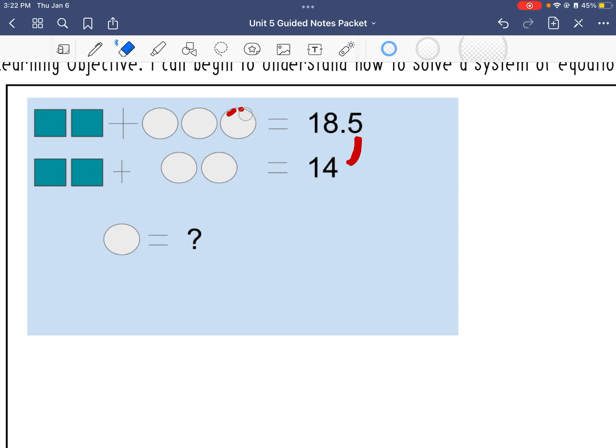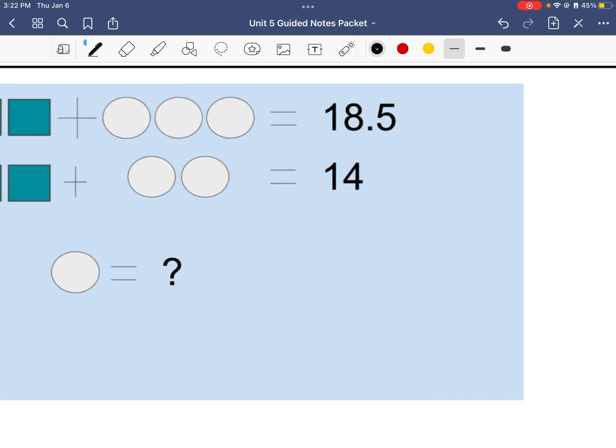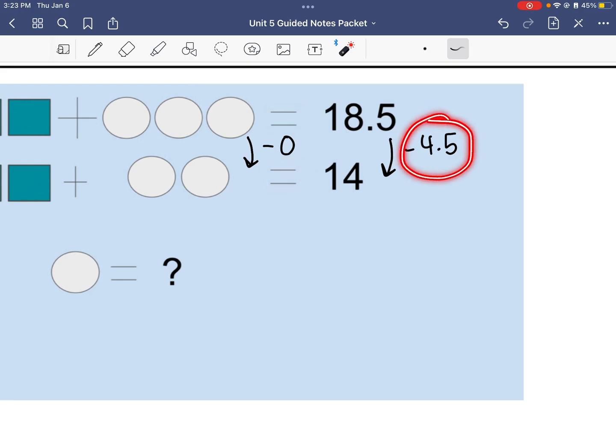One way I like to show you guys to think about this, or to write down your thinking, is to say, okay, how do we get from here to here? Well, we minused a circle. And how did we get from here to here? Well, we minused 4.5. Now this is an equation. So I want you guys to think about, what do you know about equations? Hopefully you know that if you minus 4.5 from one side, you also need to minus 4.5 from the other side.